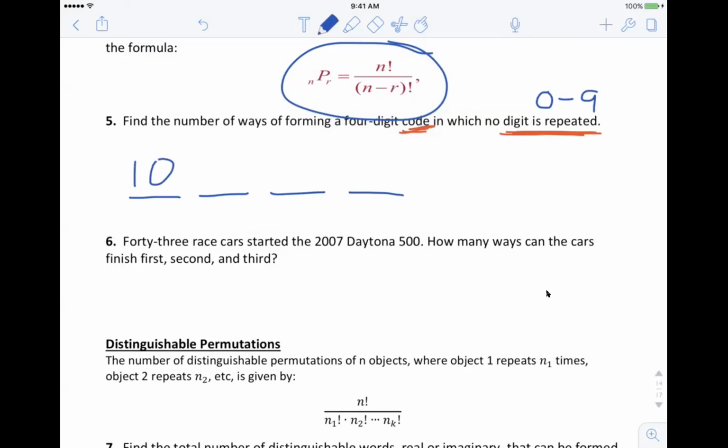Once I fix that digit, I can't use it again. So I only have 9 choices for that one, 8 for that one, 7 for that one. Or in other words, this is 10P4. Choosing from 10 digits, I want a 4-digit code. So now you can either just multiply those together or use your calculator function of 10P4.